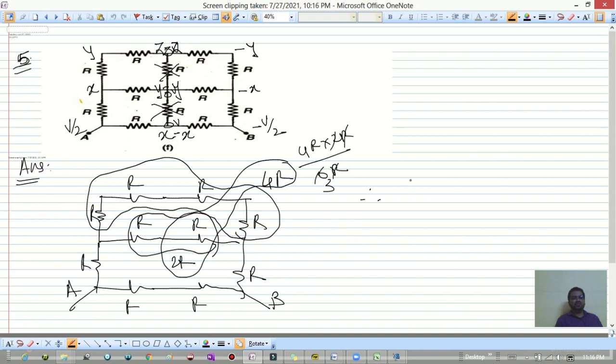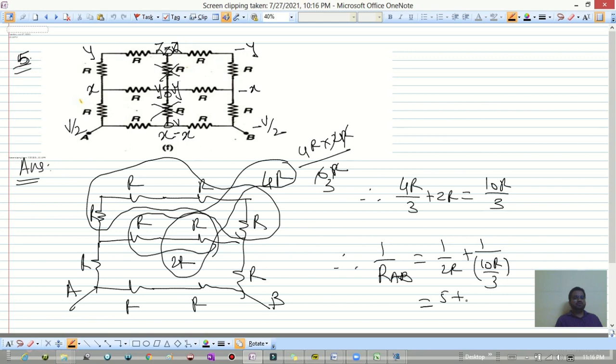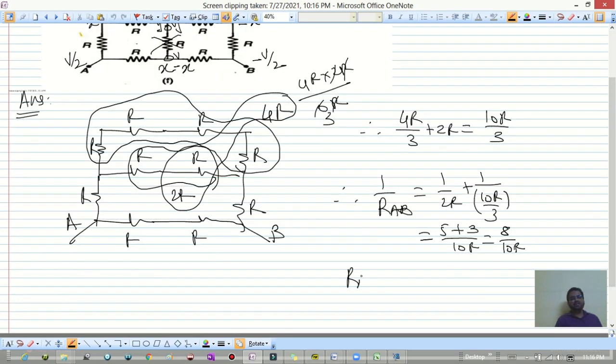Therefore 4R by 3 plus 2R gives 10R divided by 3. So finally 1 by RAB is equal to 1 by 2R plus 1 divided by 10R by 3, which is 5 plus 3 divided by 10R, that is 8 by 10R. So RAB is 5R divided by 4.